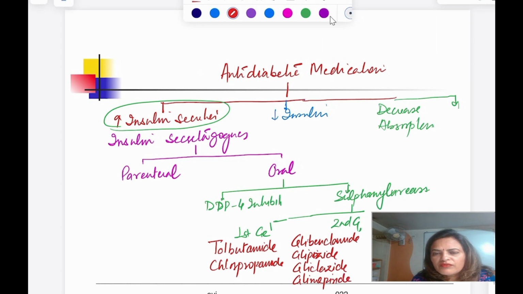So these are the sulfonylurea group of drugs. Then in the parenteral we have GLP-1 analogs.